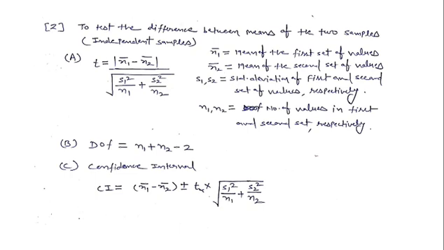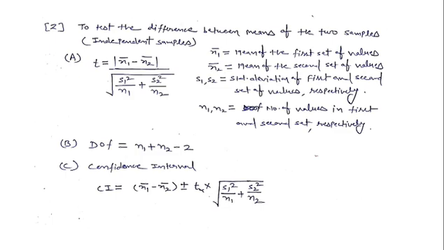Here x1 bar is the mean of the first set of values, x2 bar is the mean of the second set of values, s1 and s2 are the standard deviations of the first and second set of values respectively, and n1 and n2 are the number of values in the first and second set respectively.